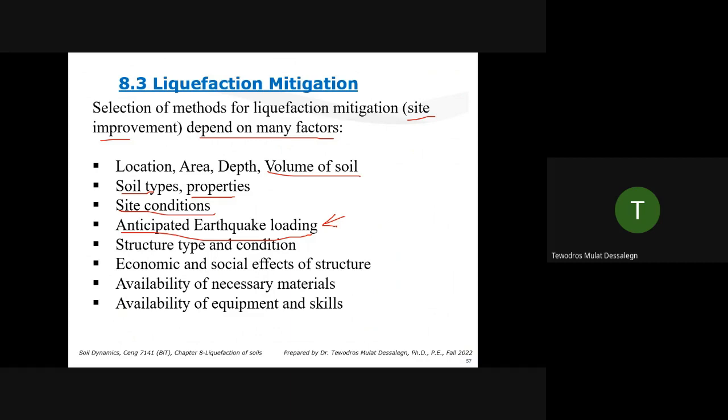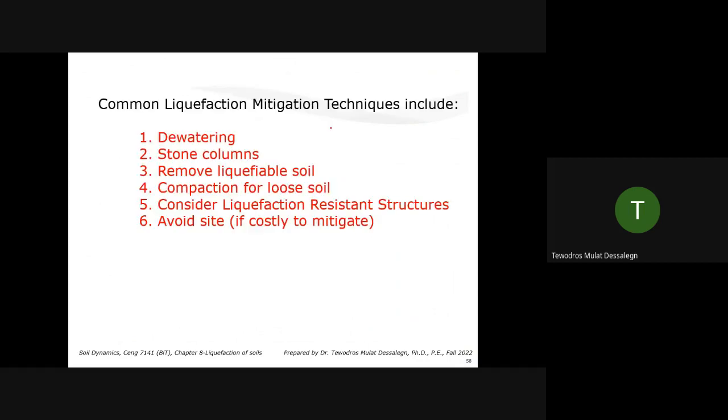Because the magnitude of earthquake to cause liquefaction is not there. Other factors are structure type and condition, economic and social effects of the structure, availability of necessary materials, and availability of equipment and skills. There are so many factors that come into your decision on how to mitigate it. If it is too uneconomical, you may even abandon the site.